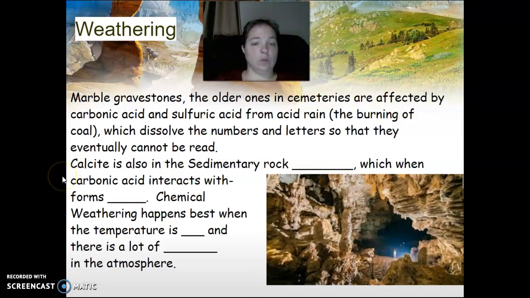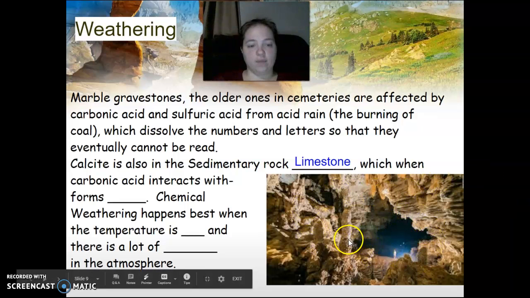Calcite is also in the sedimentary rock limestone, which when carbonic acid interacts with it, remember this is pushed down and smushed down, so it's deep within the earth. When the water, the acid rain seeps through, it forms, pardon me, these huge caves.